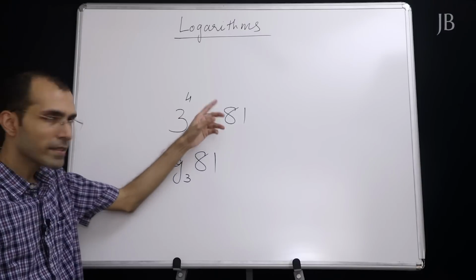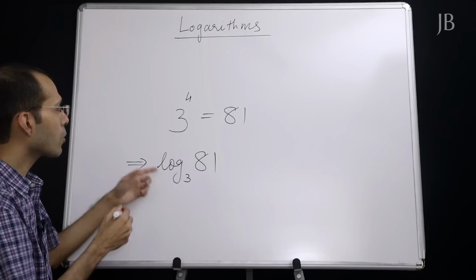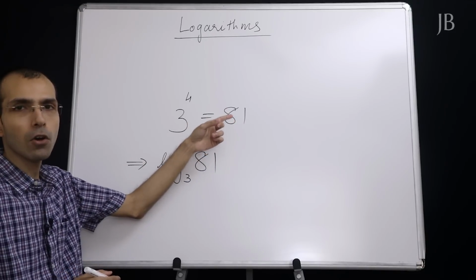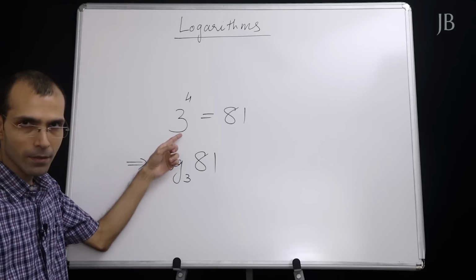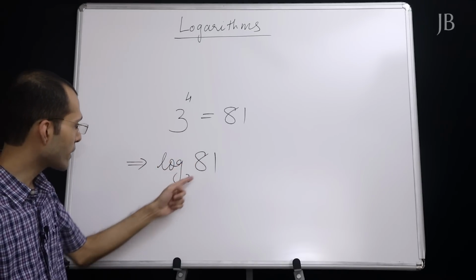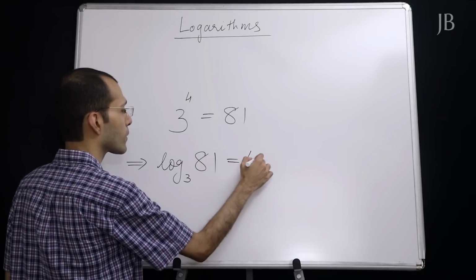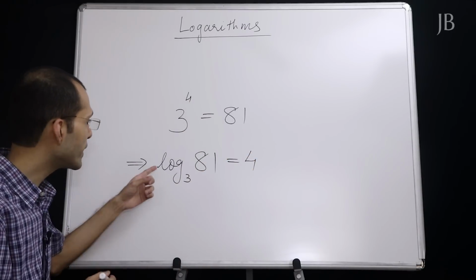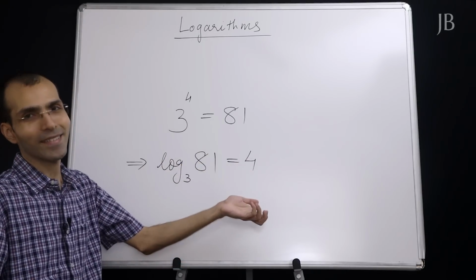So 3 raised to 4 is 81. This implies log of 81 to the base 3. This is the base. So log 81 to the base 3 will be your answer, that is 4. So finding the log of any number means finding out the index.